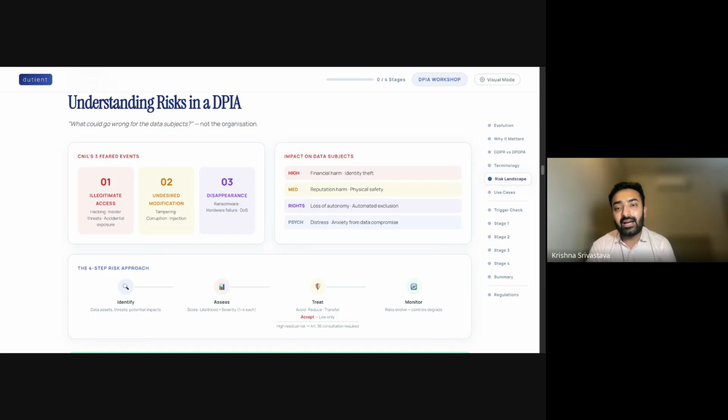Let's assume that you are a candidate applying for a role as a DPO in an organization. You have your CV that you uploaded to this platform, and this platform made an automated decision without a human in the loop and just rejected your CV. In those cases, you have no right. It's a loss of autonomy. There's automated exclusion based on something that an AI system or an ML model has done, based on the patterns it has learned from previous training.